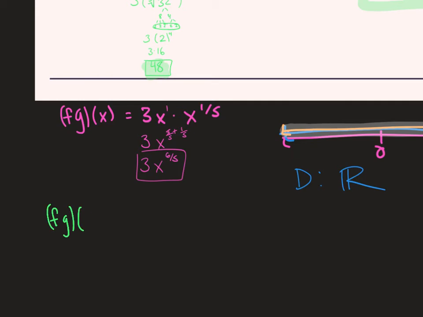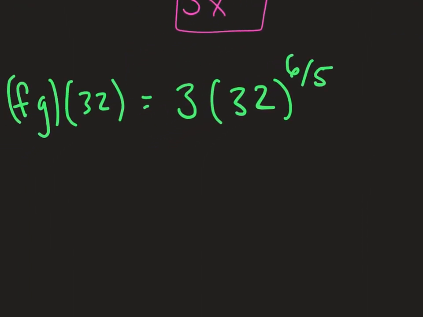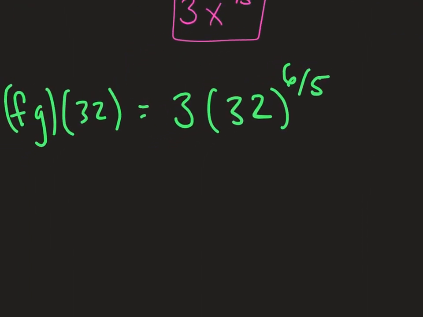Last thing we need to do is plug it in. So we're plugging in 32 again. So we have 3 times 32 to the power 6/5. So it's a little bit different than what we just did before because that exponent's different. So our index is 5.